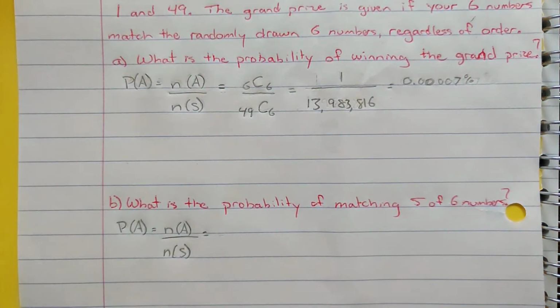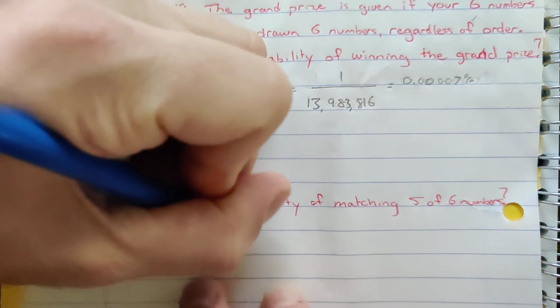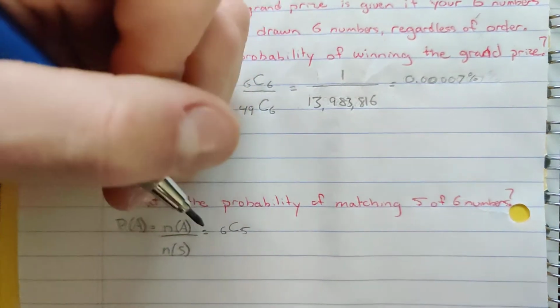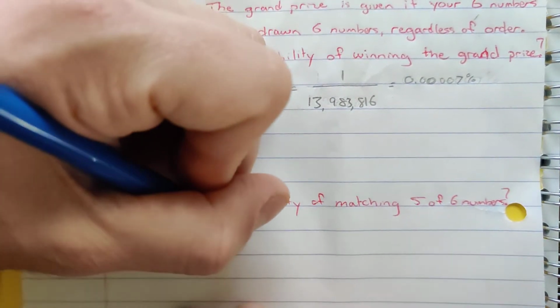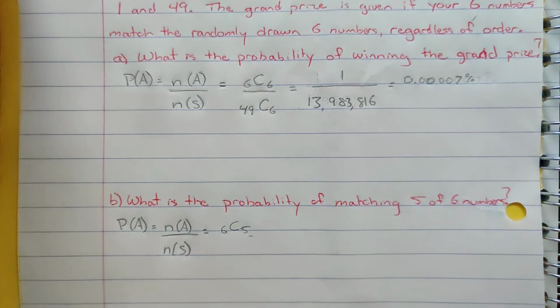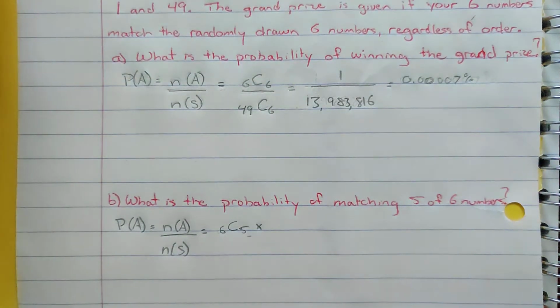So this time, there's 6 winning numbers. We just want to pick 5 of them. So we're going to do 6 choose 5. 6 numbers, let's choose the 5 winning numbers that we will have on our card. And then we have to pick one more number. It can't be the winning number, so it can't be the 6th number.